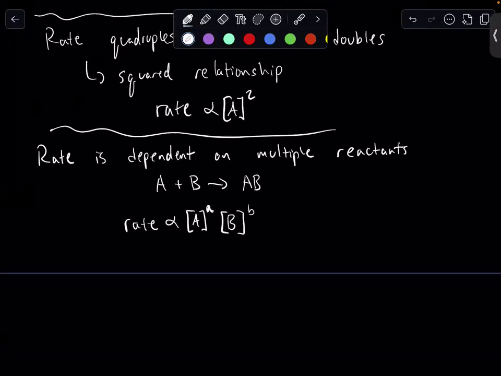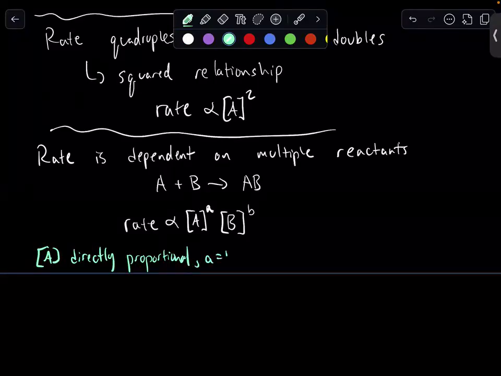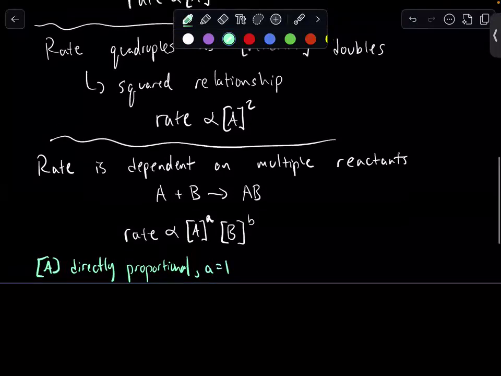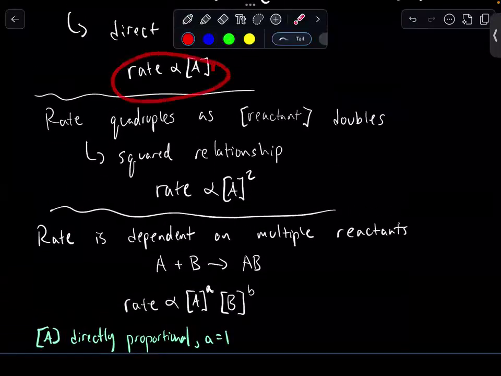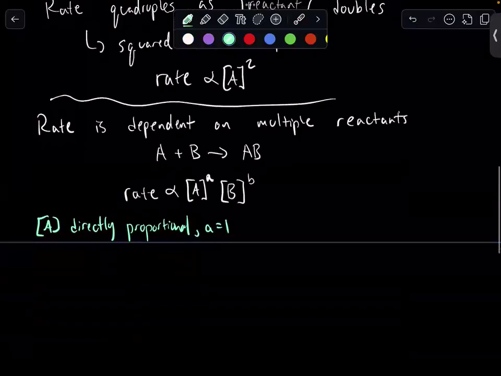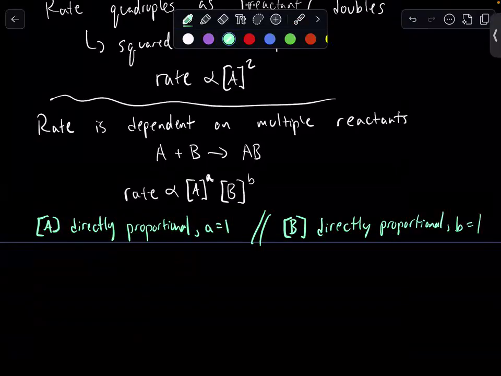This can account for multiple scenarios. So, for example, if concentration of A is directly proportional, then we know that little a is equal to 1, and we end up getting this equation up here. Same thing if B is directly proportional, then we would know that our little b coefficient is equal to 1.